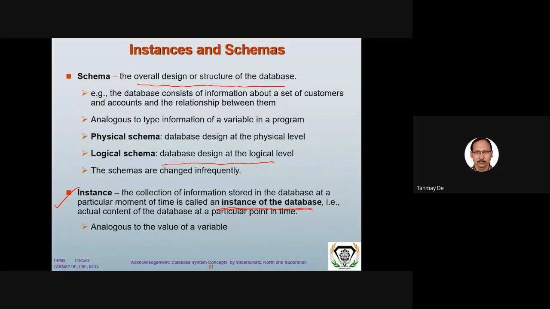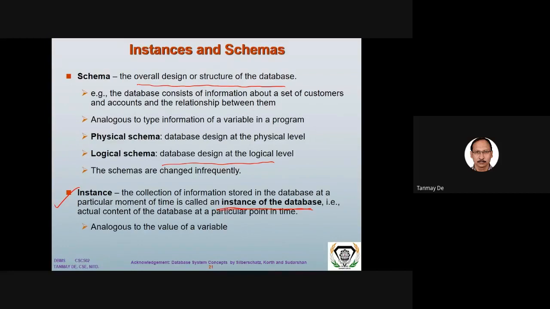If we consider a similar example to the previous one, the variable and its type are described in the logical schema, for example struct customer, or int, char name[30].